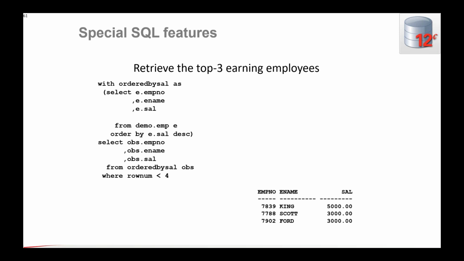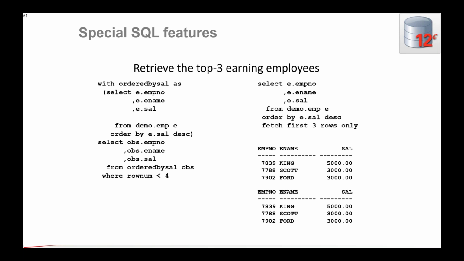Actually, I like to write it like this with query factoring, which is nicer, newer, and more readable, I think. Oracle now says you can just select the columns and fetch the first 3 rows only. So it's much easier to write, isn't it?